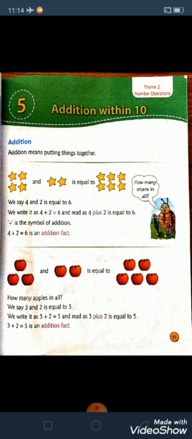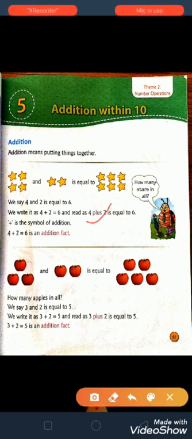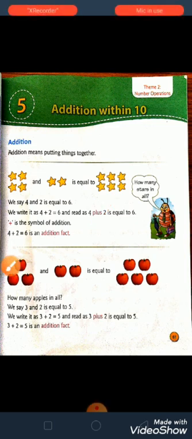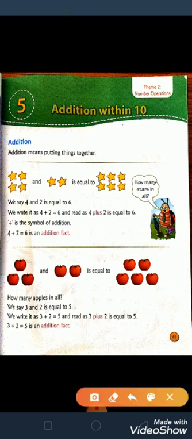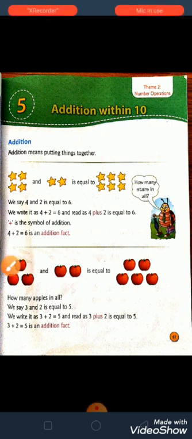So here as given, we write it as 4 plus 2 is equal to 6 and read as 4 plus 2 is equal to 6. So this symbol is called as what? Plus. Okay. So 4 plus 2 is equal to 6 is an addition fact.